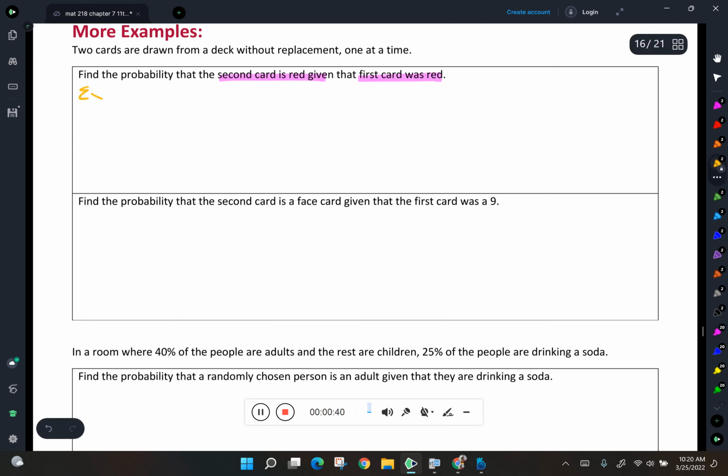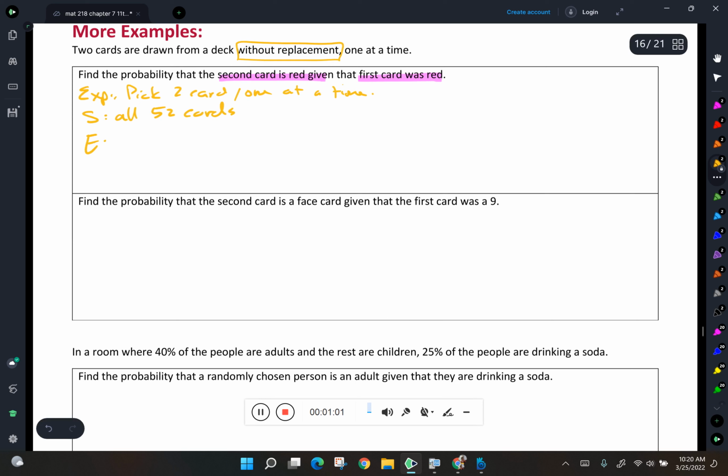So I've got an experiment. My experiment is to pick 2 cards, one at a time, and I'm doing this without replacement. Right? My sample space then is all 52 cards.